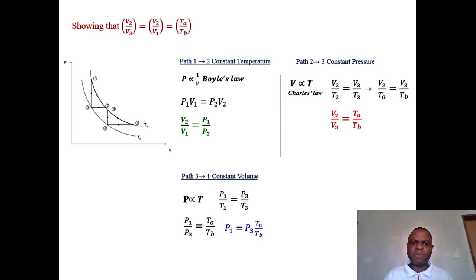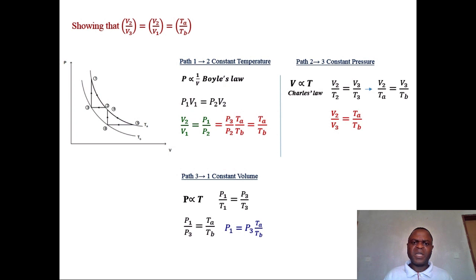And we can take this P1 and substitute it into Boyle's law. So we substitute into Boyle's law and we get V2 over V1 is equal to P1 over P2, and we substitute now for P1, which is P3 TA over TB, and we get TA over TB, because the pressure at number 3 and the pressure at number 2 is the same.